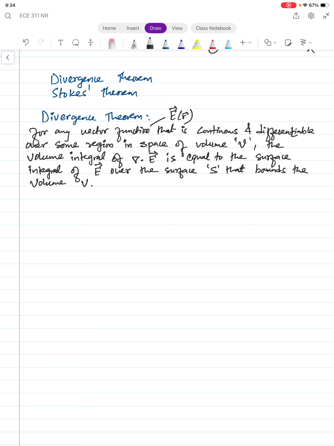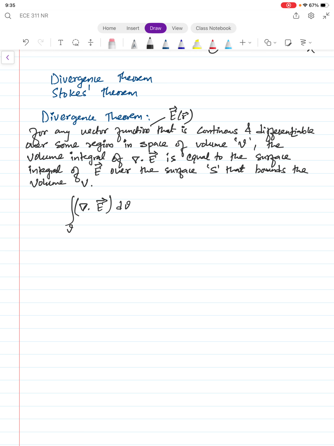Okay, so I understand this is not an easy definition, but I'll try to simplify it. So it's saying that for any vector function E, you take del dot E, the divergence of E, and you calculate the volume integral. Okay, so this is how you calculate the volume integral.